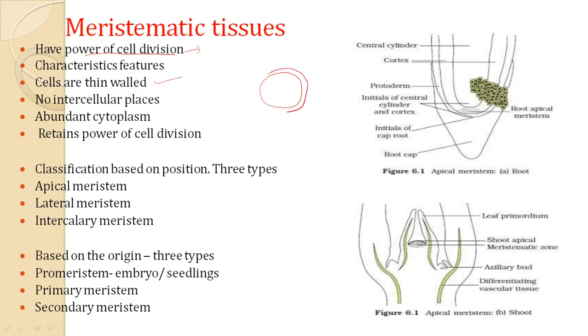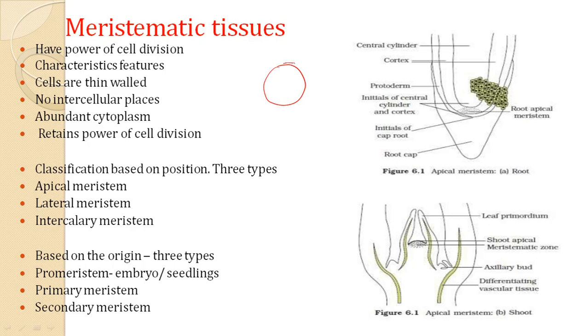Dividing means, suppose this is a cell wall. So let's see what we mean by meristematic tissue. This is your cell.